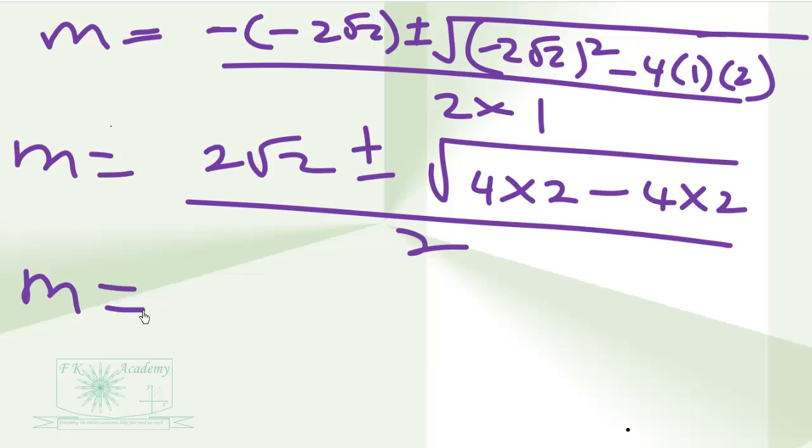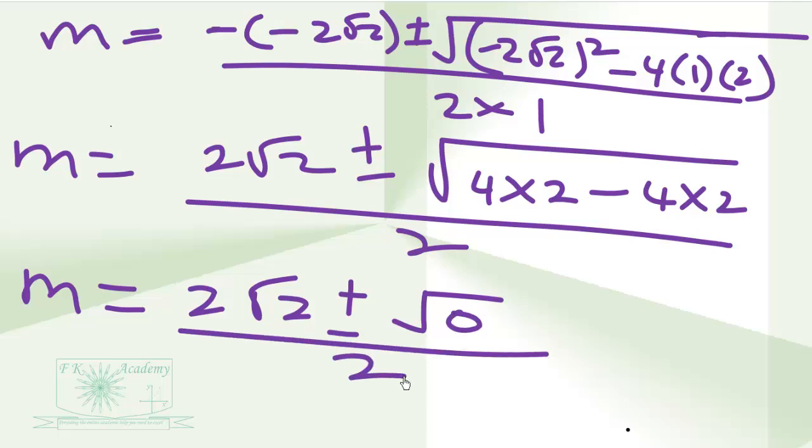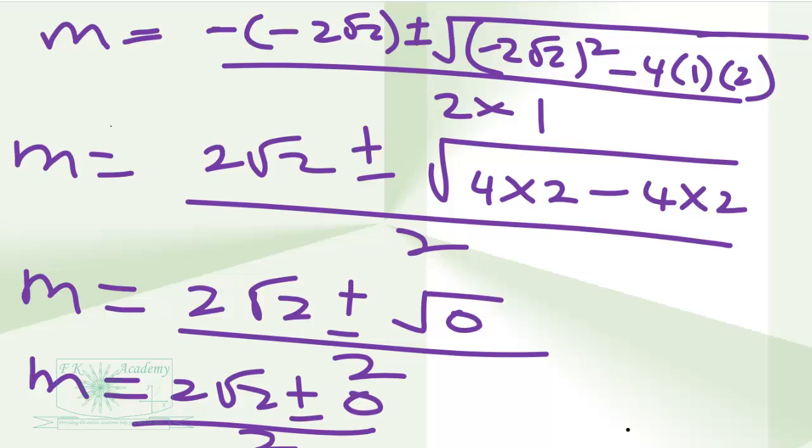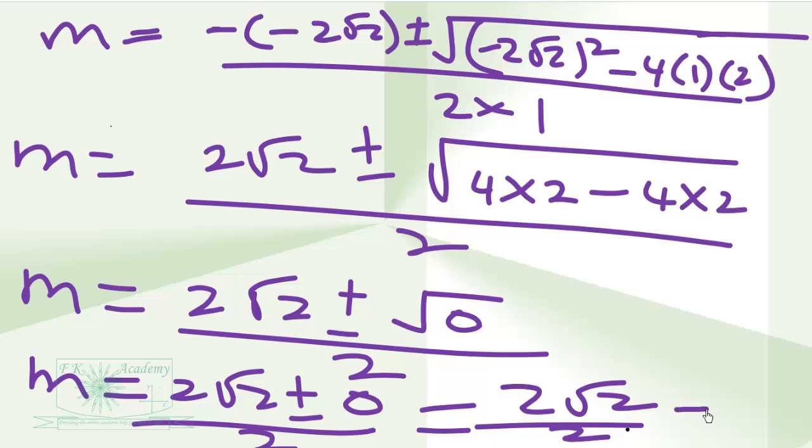So this simplifies to 2 square root of 2 plus or minus, 4 times 2 minus 4 times 2 will give us 0, divided by 2. So we will have m equal to 2 square root of 2 plus or minus 0 divided by 2. And that simplifies to 2 square root of 2 divided by 2, which is equal to square root of 2. So we found m to be equal to square root of 2.